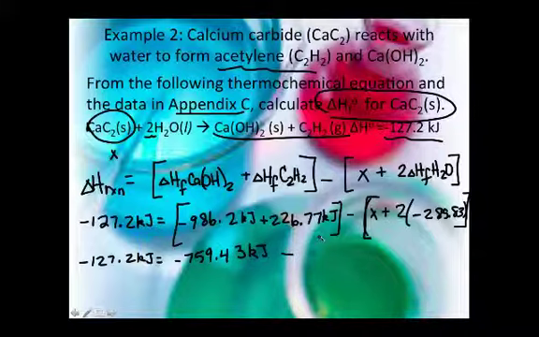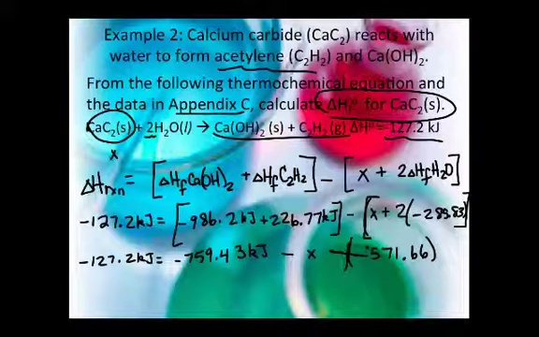All right, from that we're going to subtract x and 2 times the water. 285.83, and that was negative. So subtracting the negative 571.66.